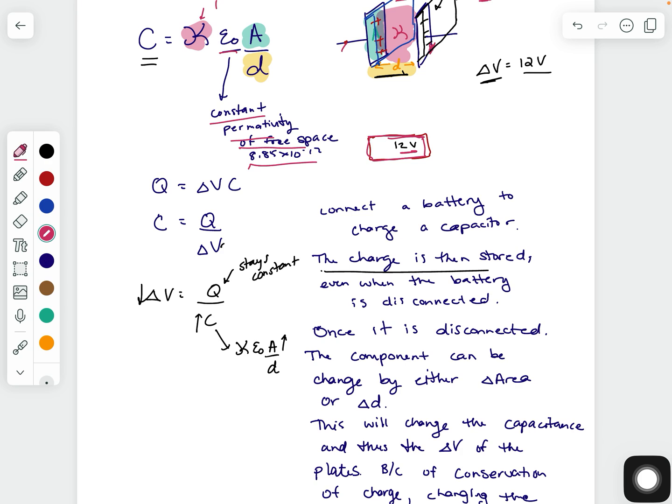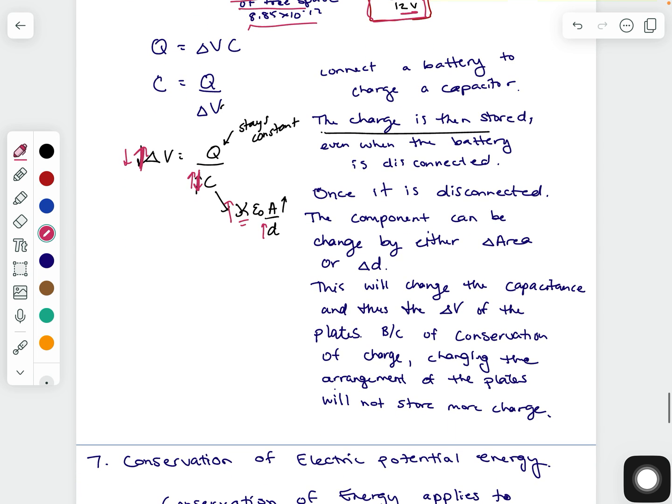If I were to increase the distance between them, making them farther separated, then that would decrease the capacitance, which would increase the amount of potential. I could also change what's in between. Instead of having a kappa of 1, I could have a kappa of 2. If I increase the kappa, then I increase the capacitance and therefore decrease the delta V, as you can hopefully imagine from there. All right, cool.